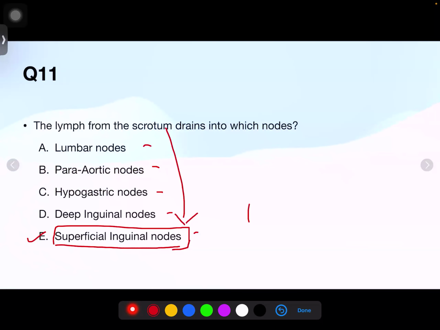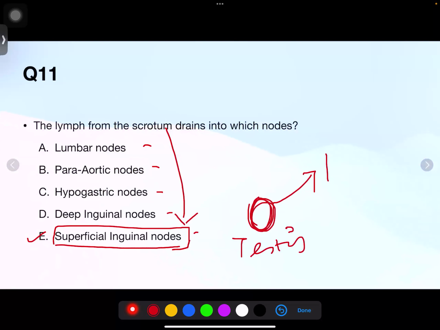The testis is inside, but the testis artery arises from the aorta, so its lymph goes to the para-aortic lymph nodes. So the scrotum drains to superficial inguinal nodes, unlike the testis that drains to lumbar and para-aortic nodes.